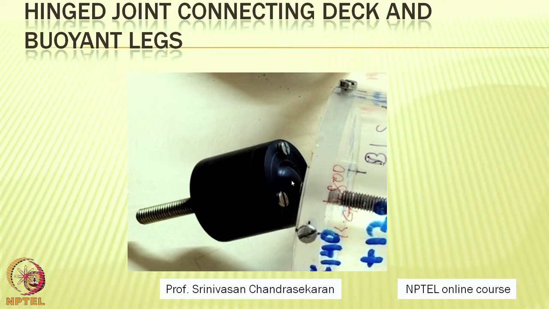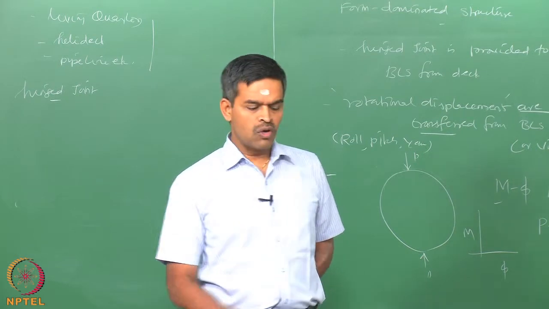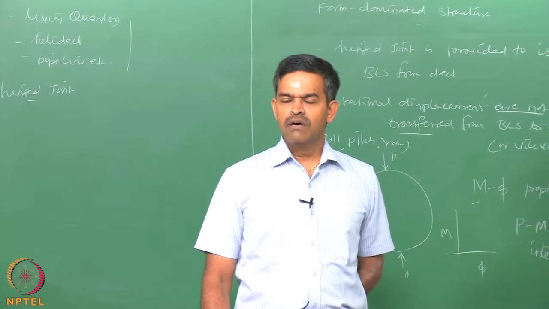This ball race enables the connection between the deck and the BLS to be freely rotatable. Therefore, no rotational degrees are transferred from the legs to the deck or vice versa. Now, this rotation property, in terms of the moment phi characteristics of the joint, needs to be correctly modeled, because this becomes an important variable for the reliability analysis.